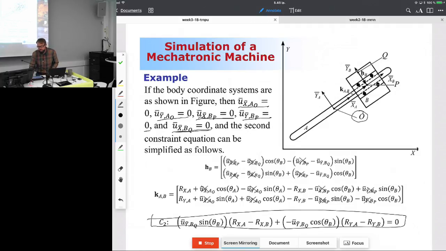And this is how Q is located with respect to the body x-coordinate axis. So those are the simplifications that I'm able to do. And when I substitute these simplifications, this is what is left. This is my final constraint equation. Very mechanical math, nothing else.